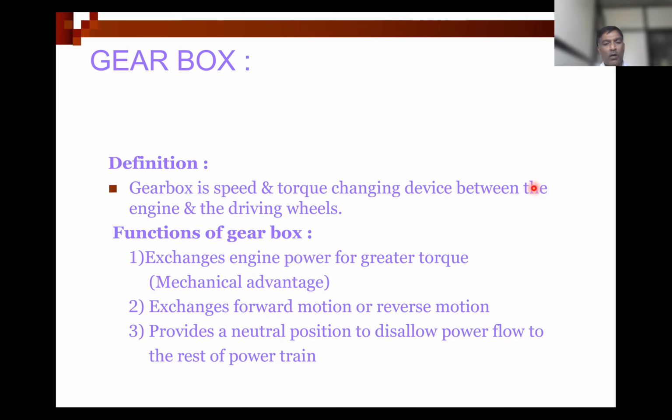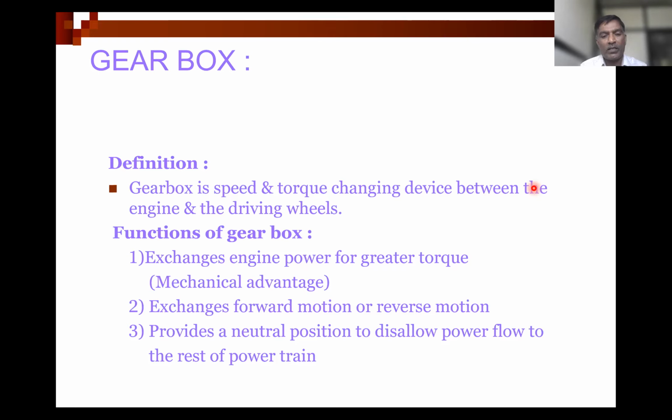So how to increase the torque? Just by reducing the speed in the transmission box. To get more mechanical advantage, we need a change in speed, and that is made with the help of the gearbox. Again, the gearbox has to provide forward speed and reverse speed.